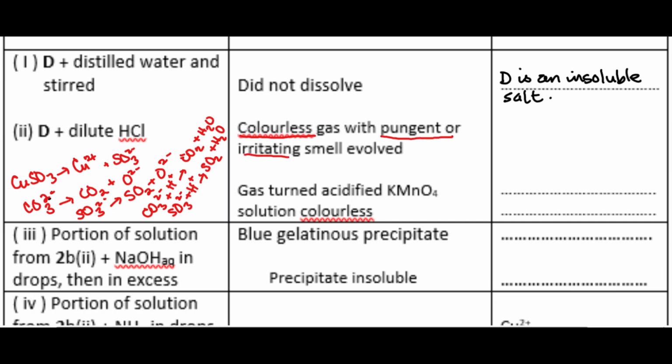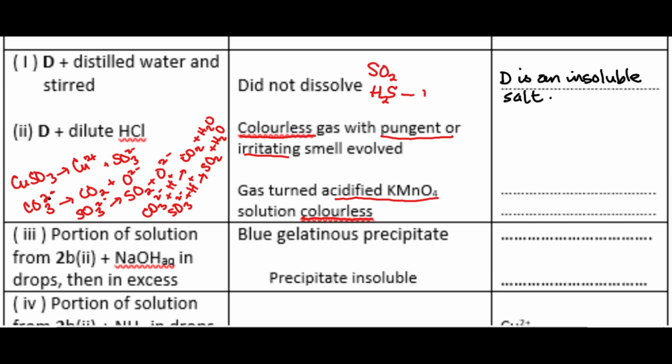Look at this now. A colorless gas, pungent irritating smell, right? A gas that turned acidified KMnO4 colorless can only be a reducing agent, because acidified KMnO4 is an oxidizing agent, right? So, which of the gases in a qualitative analysis syllabus are reducing agents? The two gases commonly used as reducing agents in qualitative analysis are SO2 and hydrogen sulfide. SO2, that's sulfur(IV) oxide, and hydrogen sulfide.